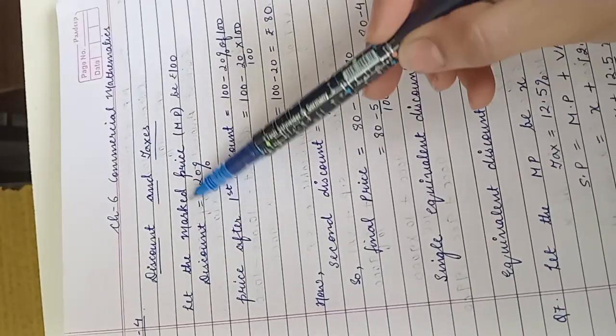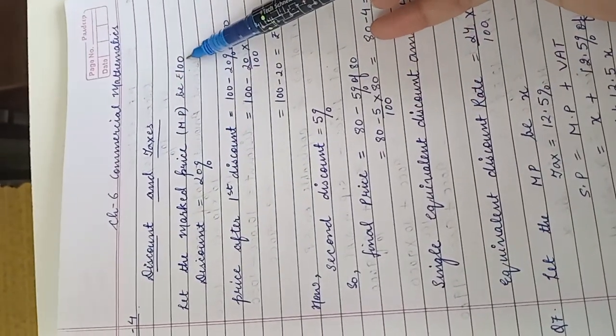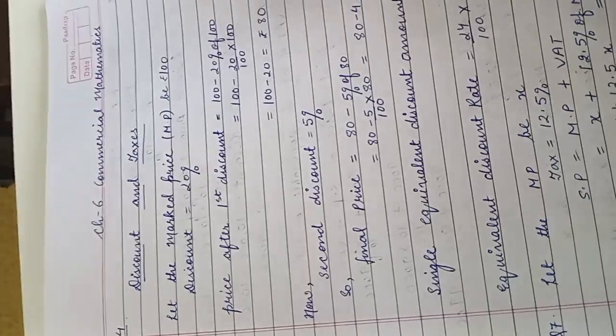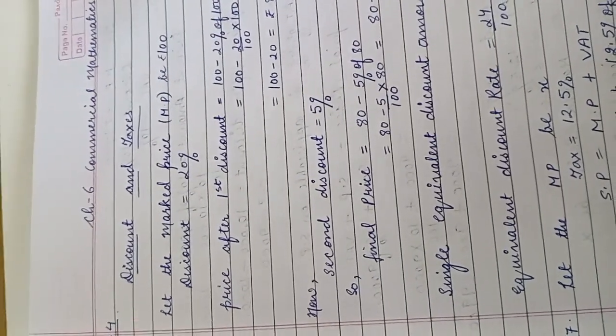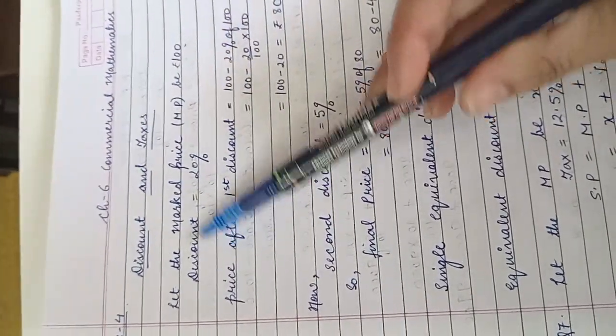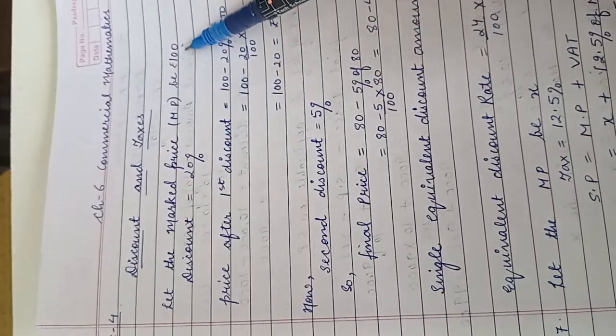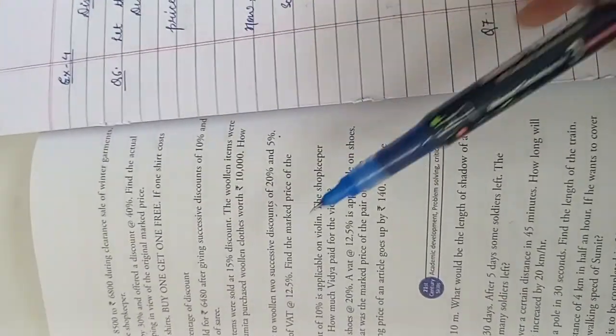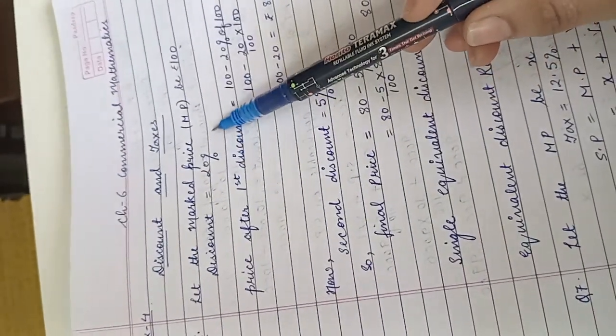So let the marked price be 100. Or you can find it by taking x also. Okay, I am taking 100. So let the marked price MP be 100, and the first discount which was given, what was that? 20%. So I have written discount equals 20%.